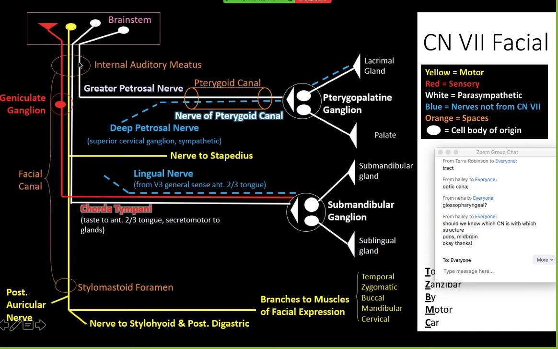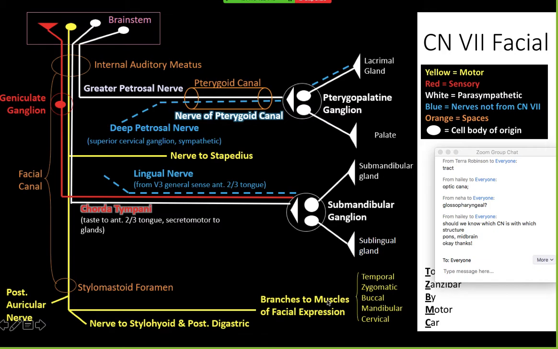So you want to know that cranial nerve 7 starts to exit the brain through the internal auditory meatus, and then it's going to make its final exit through the stylomastoid foramen to give off these different terminal branches.